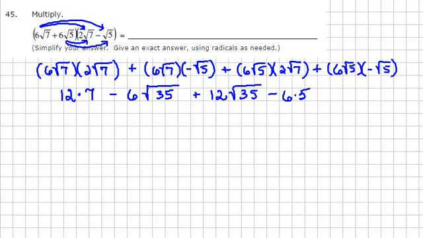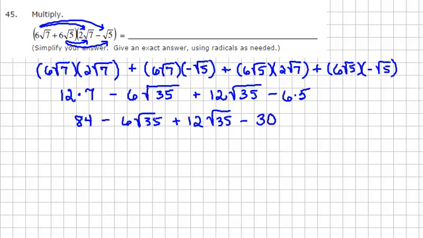We go ahead and evaluate. 12 times 7 is 84. Minus 6 square root of 35 plus 12 square root of 35, and minus 6 times 5, which is 30.